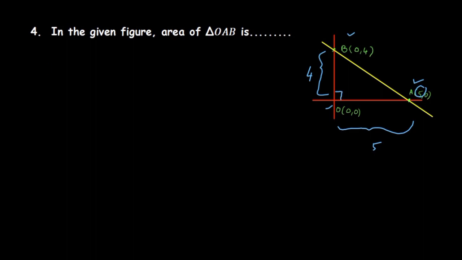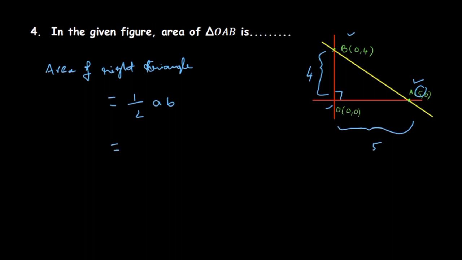So area of a right triangle is half AB, the area of right triangle formula. So what is A and what is B in this?